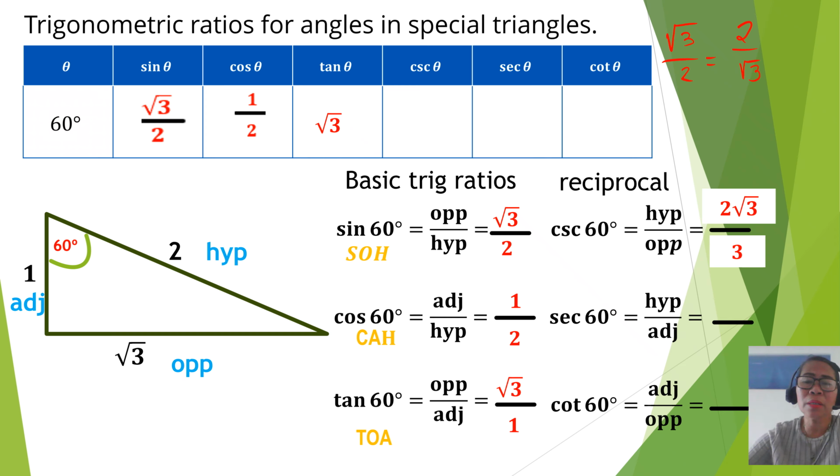But we will not consider this as our final cosecant if you are asked to determine the reciprocal of the given if it is still containing a radical in the denominator. So the reciprocal 2 over square root of 3 is not yet final because the denominator is containing a radical.